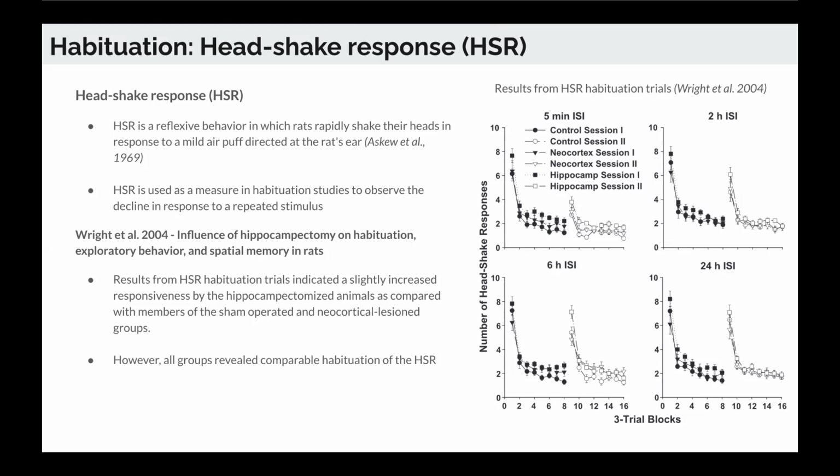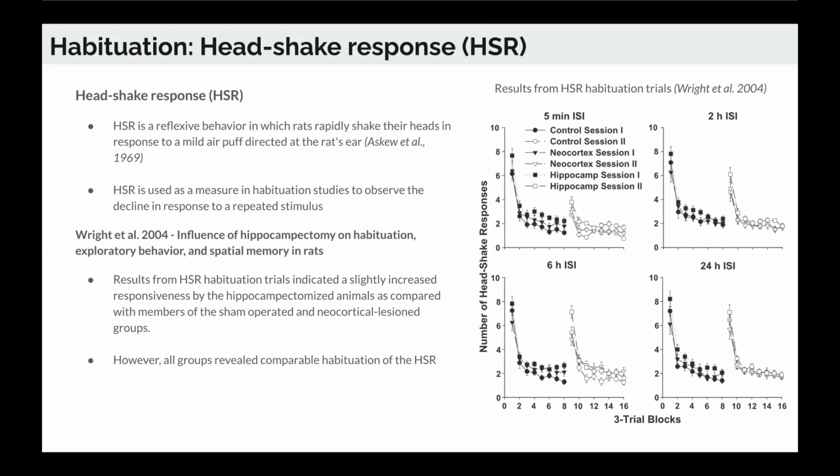It's when you have a rodent, and you apply a mild air puff in the ear, it's irritating for them, and they shake their head like this. So it's like a reflex. When somebody blows in your ear, you do like this. And then over time, when you repeatedly do that, the animal gets used to it because it's a mild stimulus. It's not aversive. It's not a really strong air puff because otherwise it would not habituate.